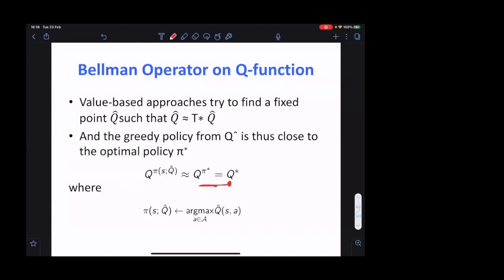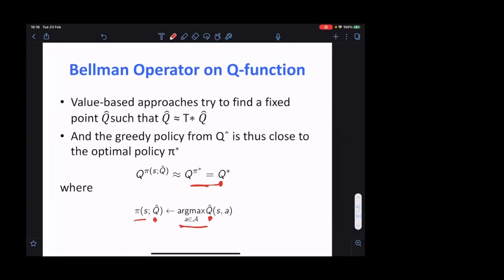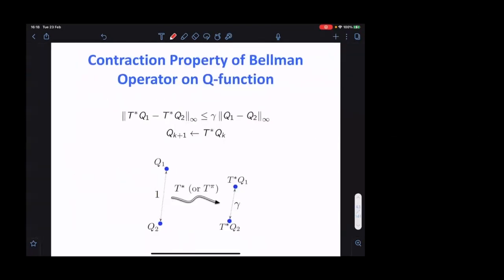Then given this Q, you can directly obtain the policy. If I want to follow this Q value function, what would be my action? Basically, this tells you what your policy would be. And for this contraction mapping, suppose we know it is a contraction mapping.